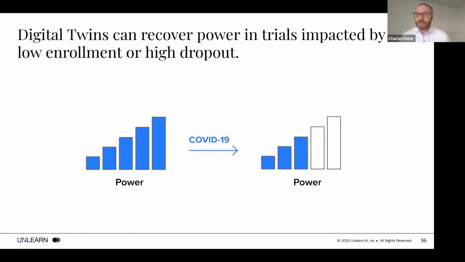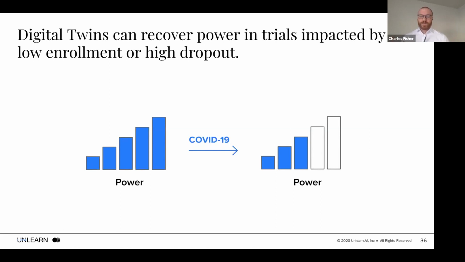So let's think about something that's been a big problem in clinical trials, really across the disease spectrum, but in areas like Alzheimer's that affect elderly populations has been particularly acute. Let's imagine that you plan your clinical trial. You want to have 1,000 patients for your Alzheimer's clinical trial.